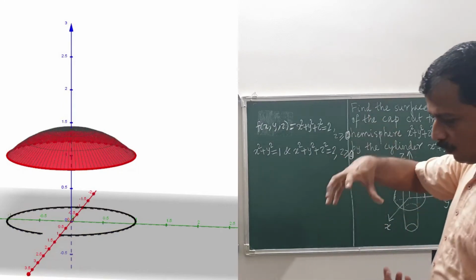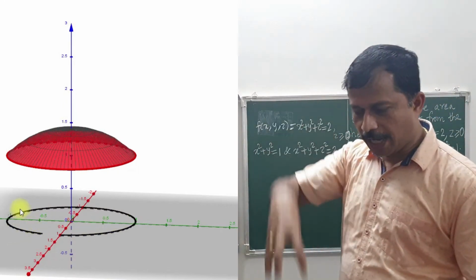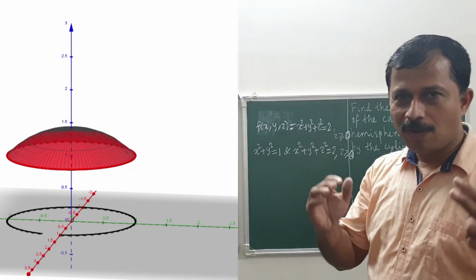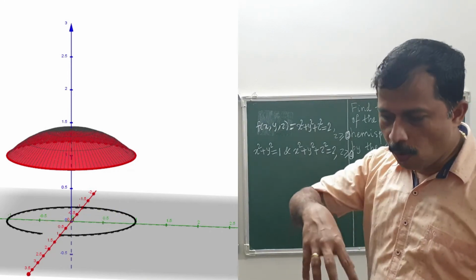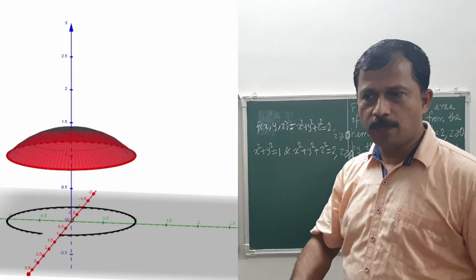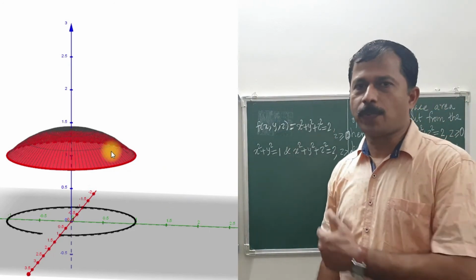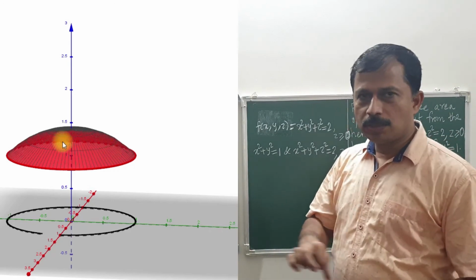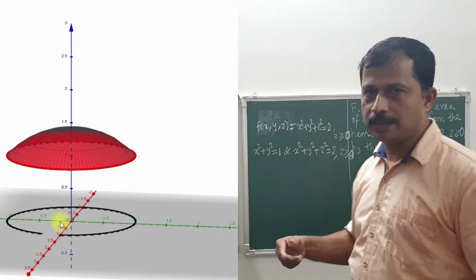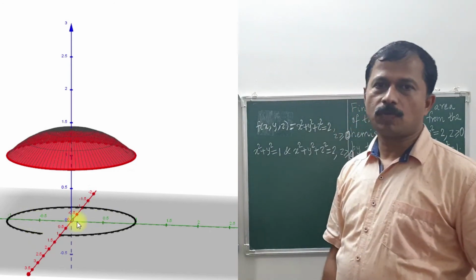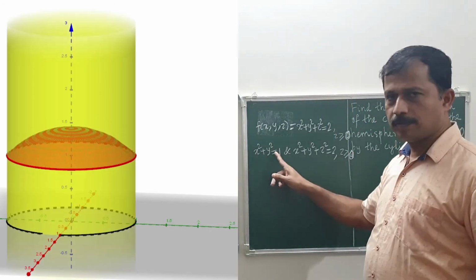That means if we take the projection of that cap on the xy plane, all the points on the xy plane that are the projection of the cap will be the portion inside the circle x square plus y square is equal to 1. This is actually a cylinder, isn't it?